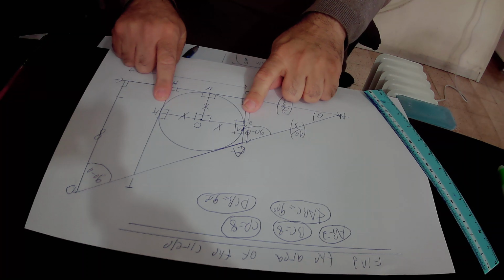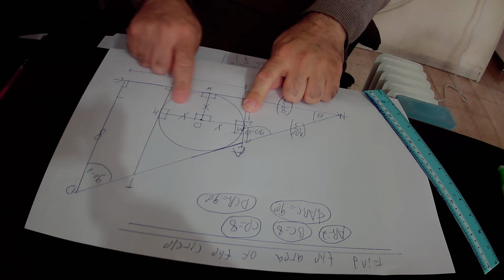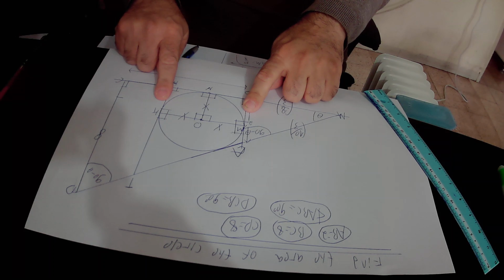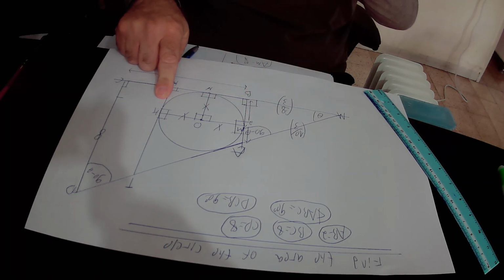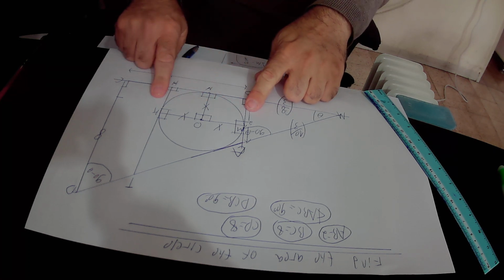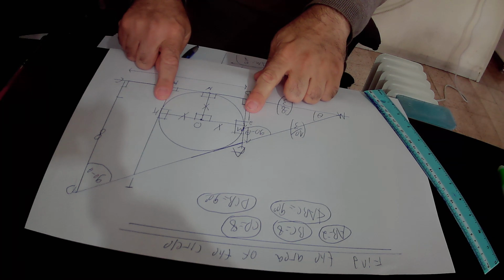Any angle that is equal to 180 degrees must be a straight line. MOK is therefore a straight line. If MOK is a straight line, then MK is also a straight line. The straight line MK touches the circle at points M and K. Therefore, the straight line MK is a chord.